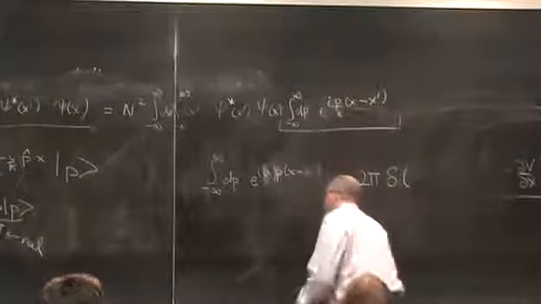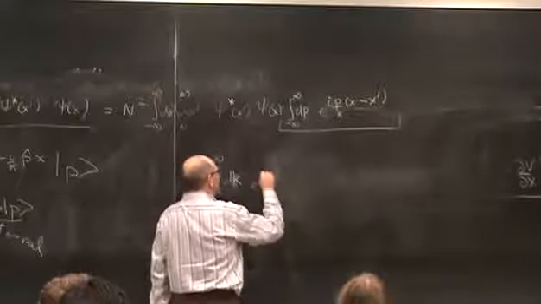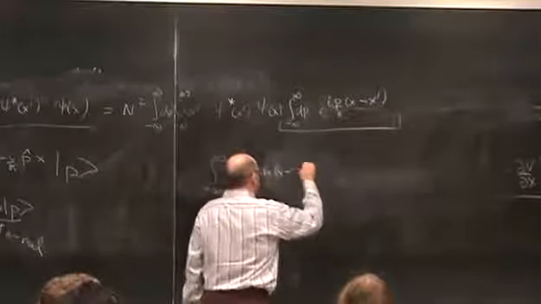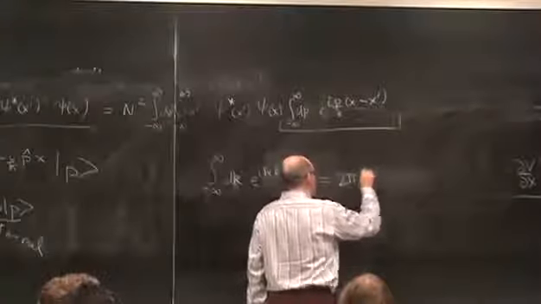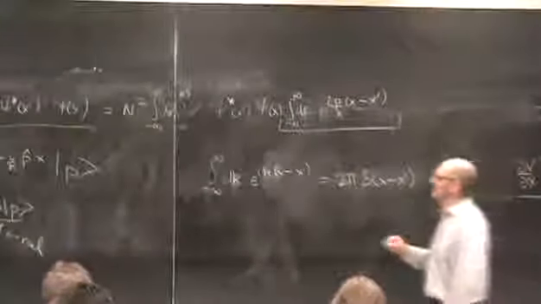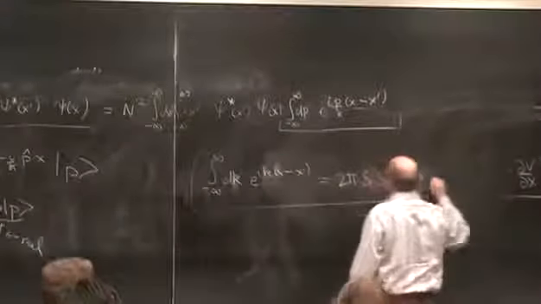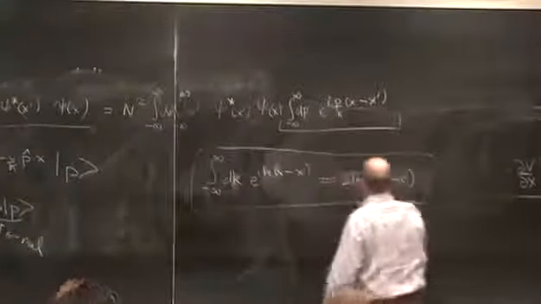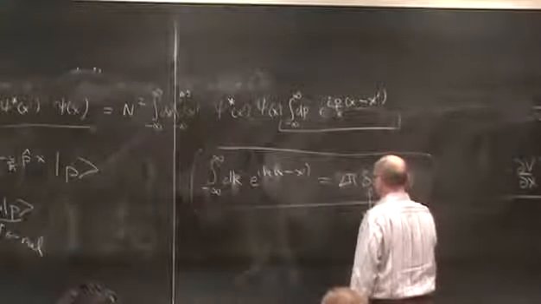Okay, never mind. Sorry. Get rid of these units. Let me try again. Let's say we integrate over some variable k. Then I can write this down. This is this, where this is a Dirac delta function.